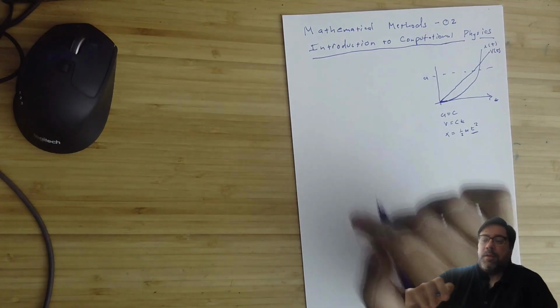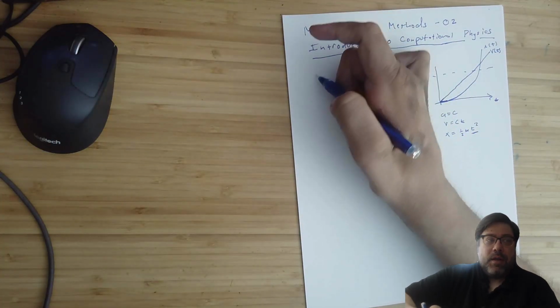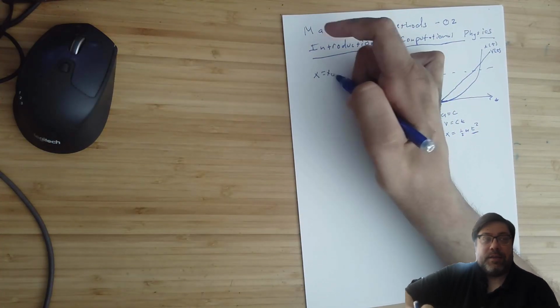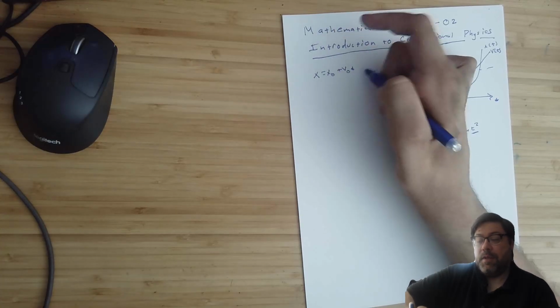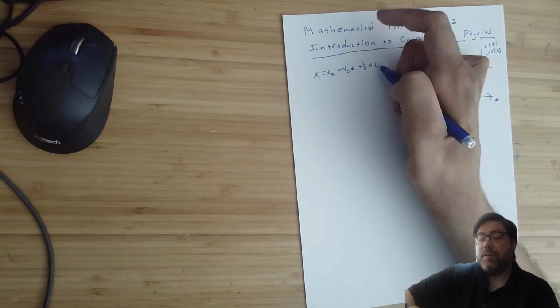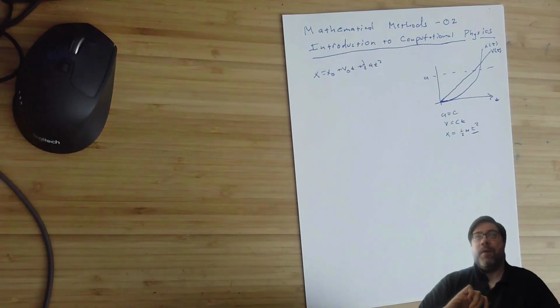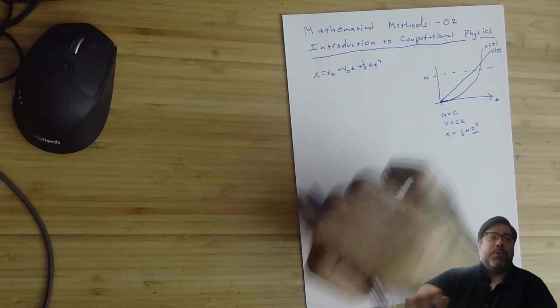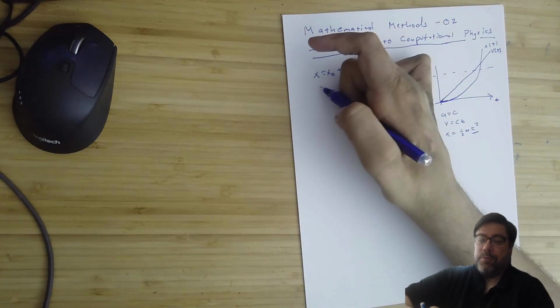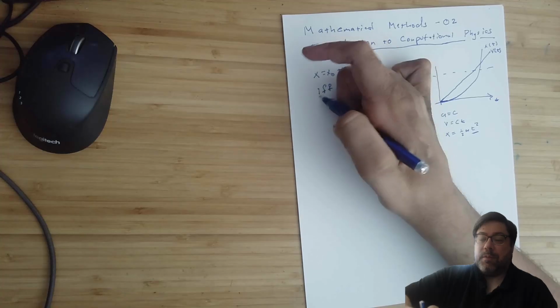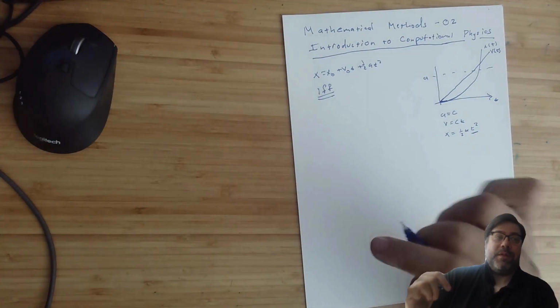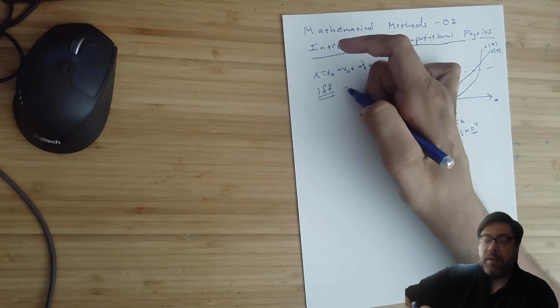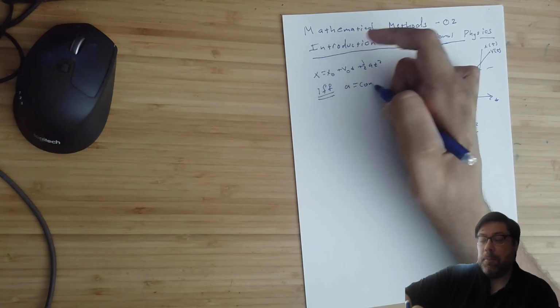So you've probably seen this kind of equation: x equals x naught plus v naught t plus 1/2 a t squared. This is a very well-known formula. When is this true? Notice this is the part that sometimes gets lost: if and only if a equals a constant.